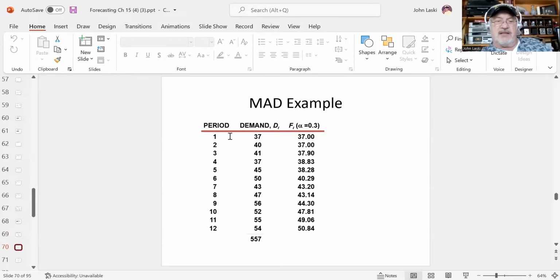So if we looked at this, 12 periods of data, this is the demand data using, remember, exponential smoothing with an alpha of 30%. We used the demand number twice. We talked about Y. These are the forecasts that we made, and you can see they're different.